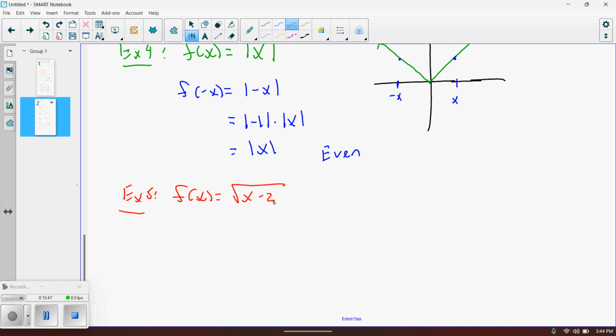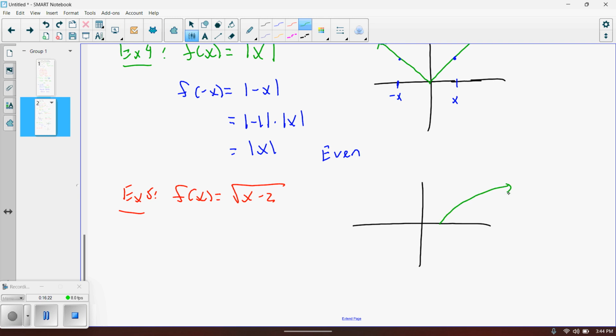So once again, if you happen to know what this graph looks like, and this is really beneficial if you do, you're going to be able to tell whether it's even, odd, or neither pretty quickly, and then we can try and show it algebraically. So the graph of f of x equals the square root of x would look like this. But this isn't the square root of x, it's the square root of x minus 2, which means that it's actually been shifted 2 units to the right. So instead, it's going to look something like this.